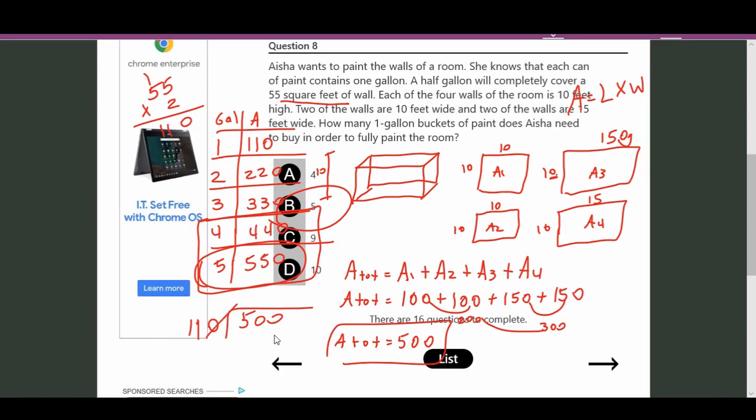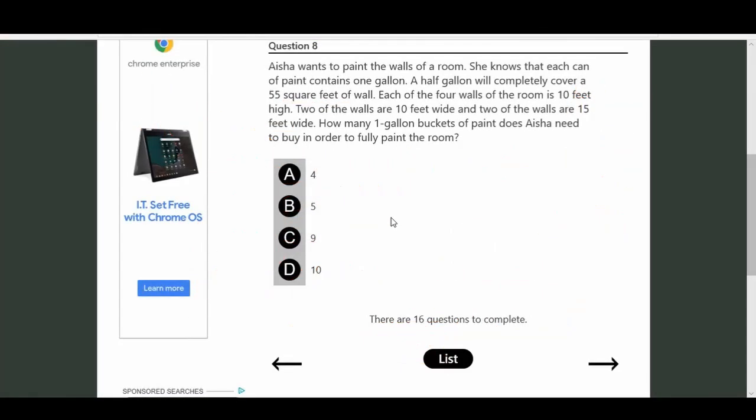And in fact, you can kick off a 0. Now the question is, how many times does 11 go into 50? And you would see that this would be 4 point something, which would prompt you to round up to 5. I just like looking at it this way. This way makes way more sense to me than doing the long division. I try to avoid division whenever possible. So that was question 8.